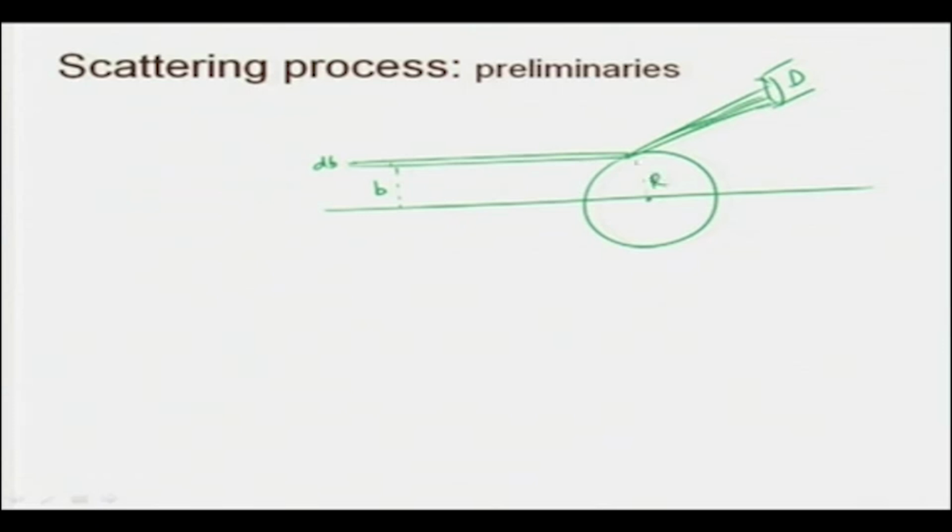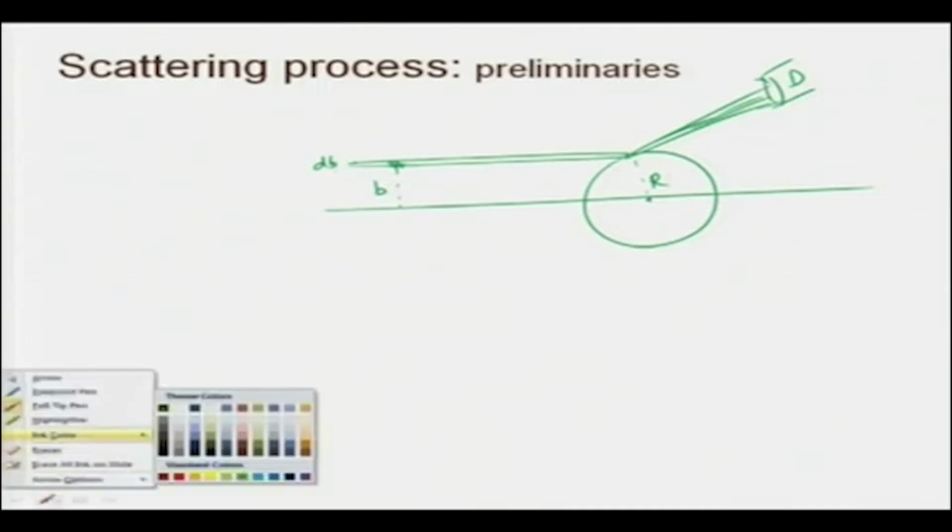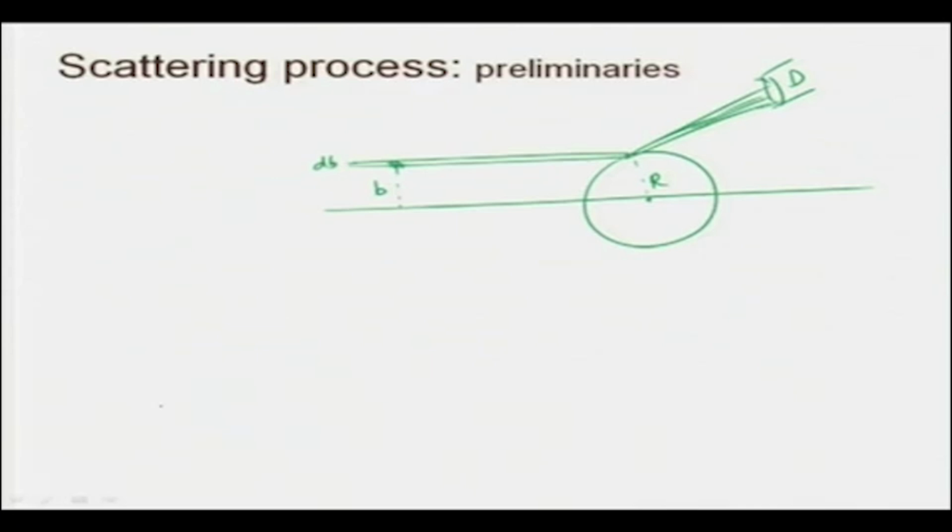a small cross section here, let me consider a small cross sectional area. If you take the cross section or the area of this beam, or a section of the beam perpendicular to the beam itself or the direction of the momentum, denote it by d sigma.